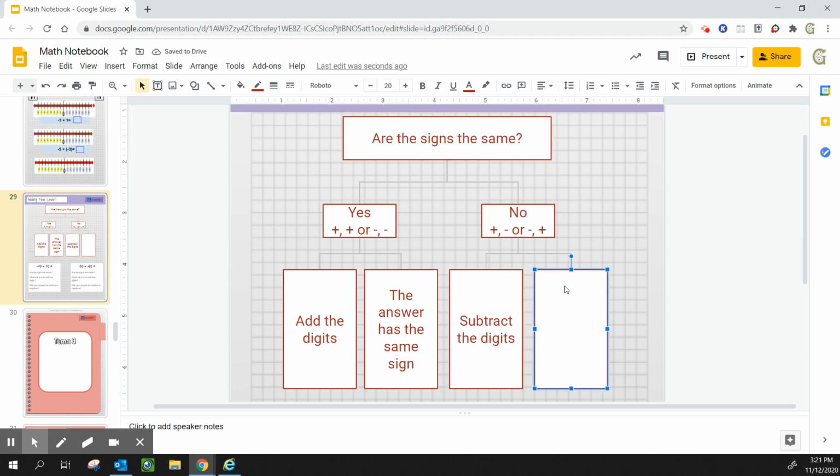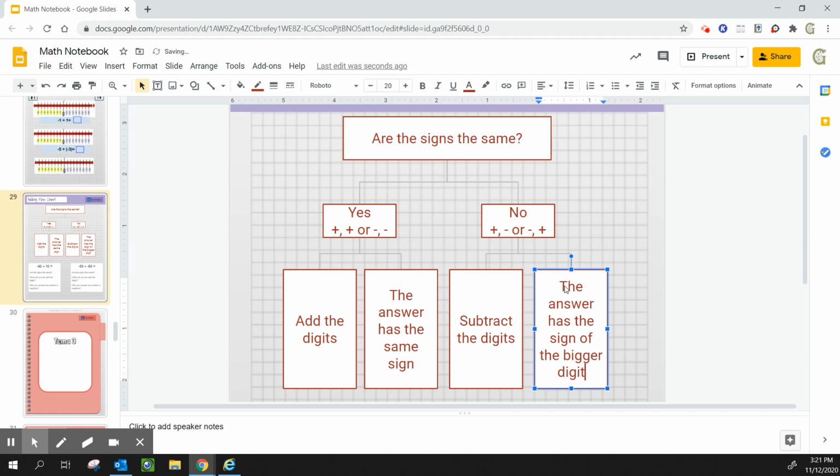And so what we would say about the answer then was that it was whichever one had more chips that would be left over, or more counters left over, or which one took us farther past zero if you're looking on the number line. So because of that, we could say the answer has the sign of the bigger digit.